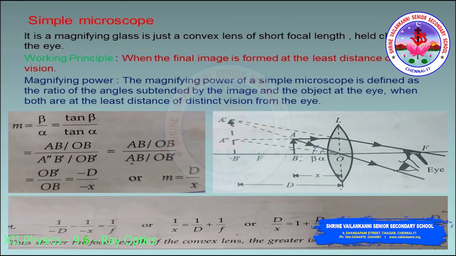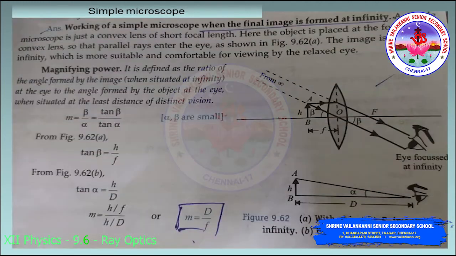For this, we will see, suppose the final image is formed at infinity, what the working principle of the microscope is. See the diagram: the convex lens of short focal length and the object which is placed at the focus of the convex lens.